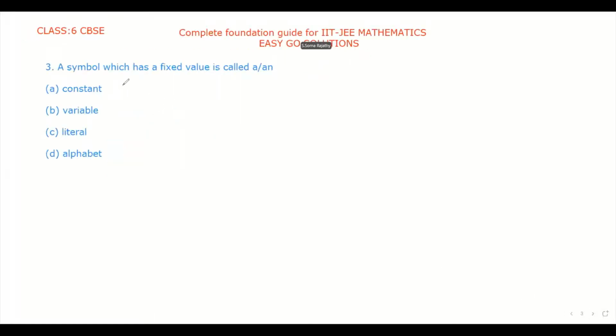Next, a symbol which has a fixed value. A fixed value is always a constant, where the value never changes. Suppose you have 2x plus 3, here 3 is the constant.